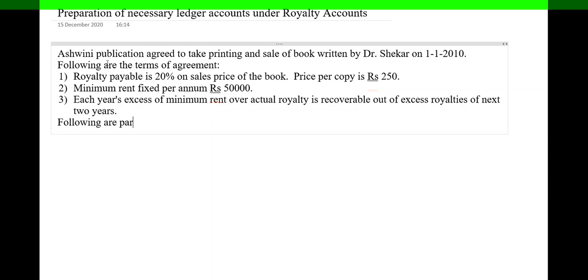Following are particulars of books sold by Ashwini Publishers.